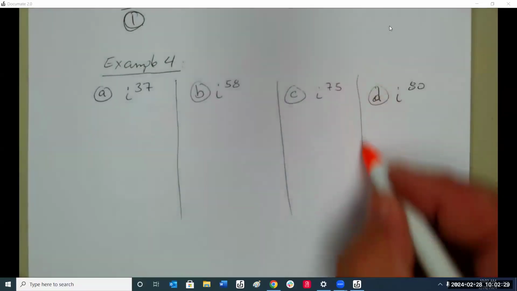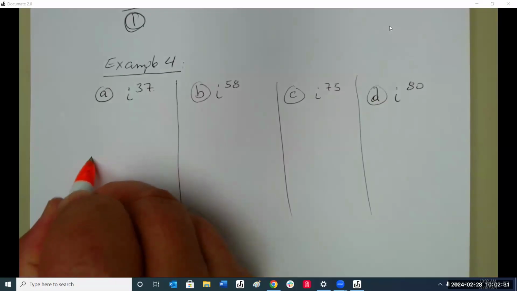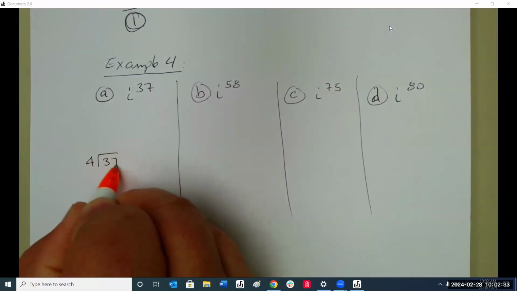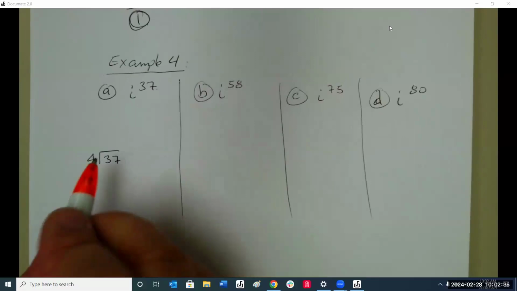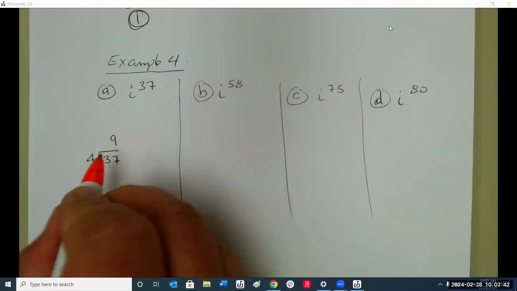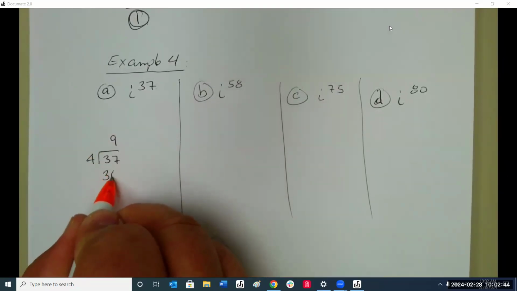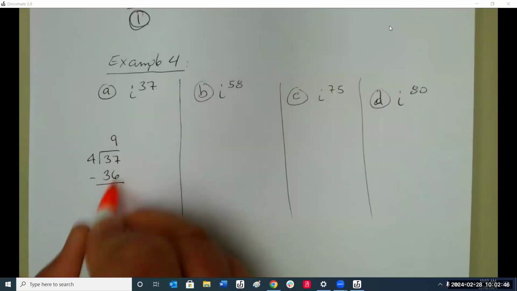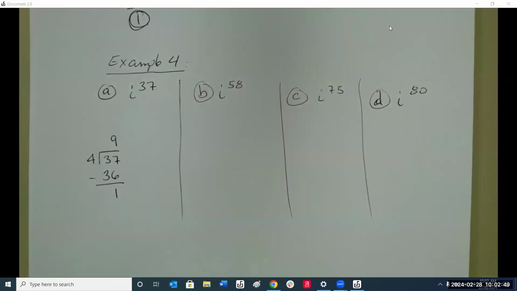The first one, we take 4 goes into 37. Does 4 go into 37? How many times? 9. 9 times 4 is 36. Remainder is 1.